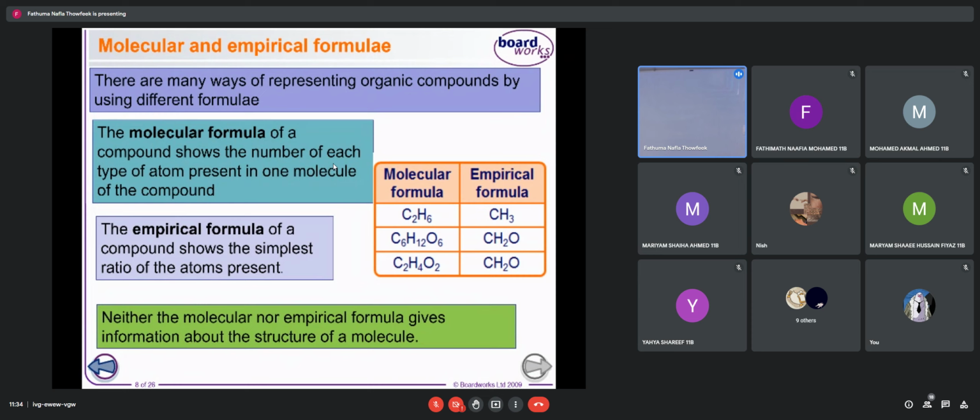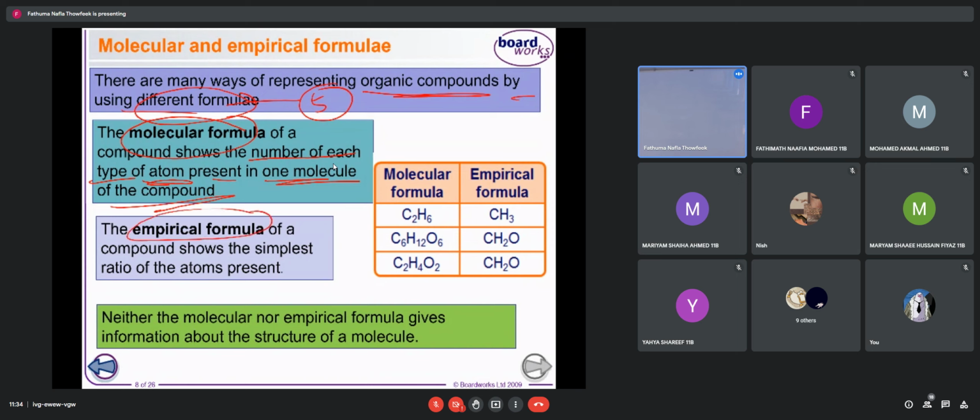There are many ways of representing organic compounds by using different formulae. The molecular formula of a compound shows the number of each type of atom present in one molecule of the compound. Molecular formula means how many atoms of each element are present in the molecule. But empirical formula means what? The simplest whole number ratio. Okay?